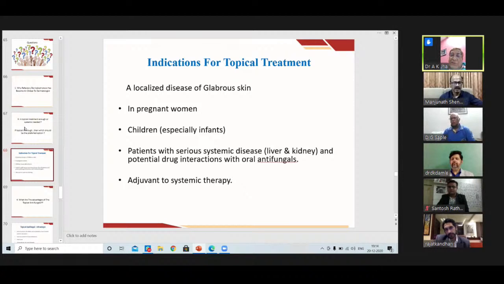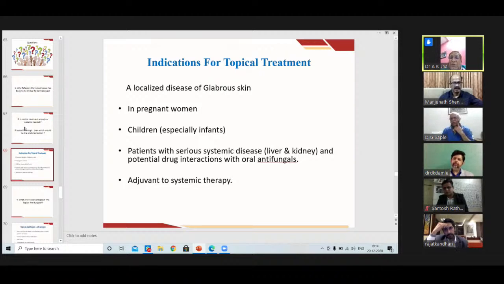I have seen in cases that it works, where they have never taken any topical therapy and we give luliconazole or whatever is our choice for a long period, then we stop, and we don't get any recurrence after that.